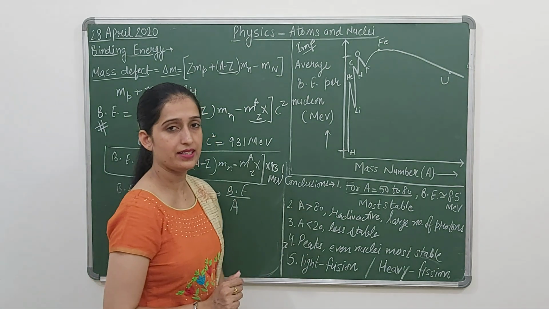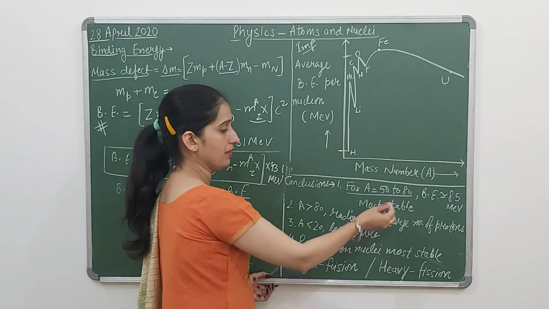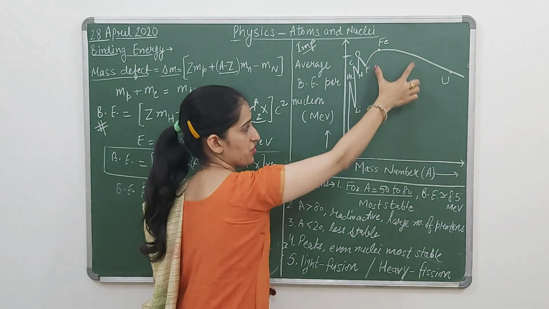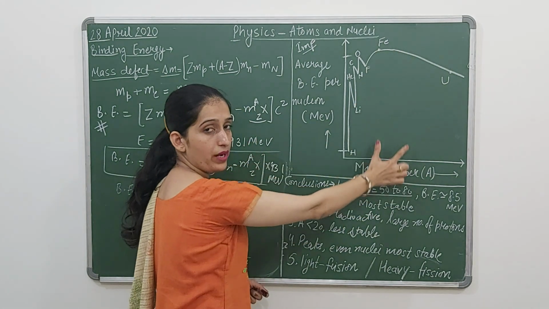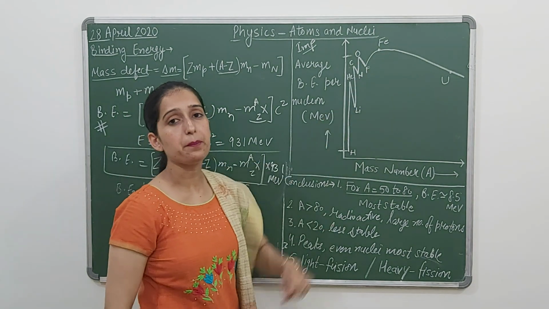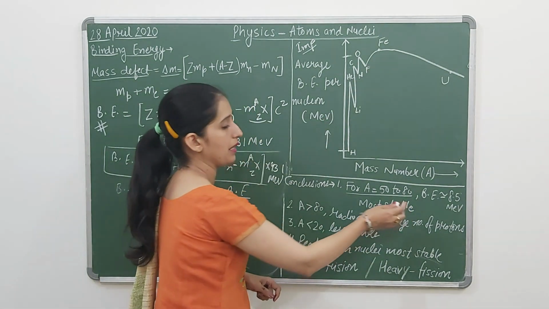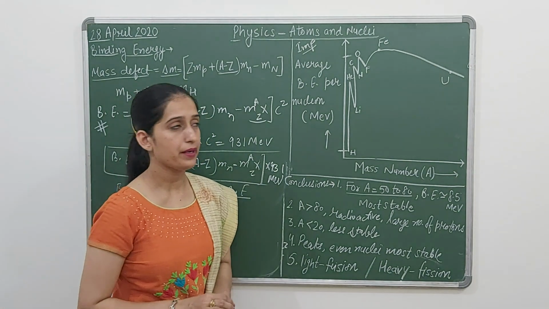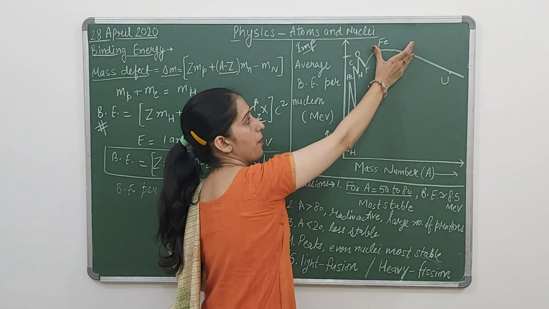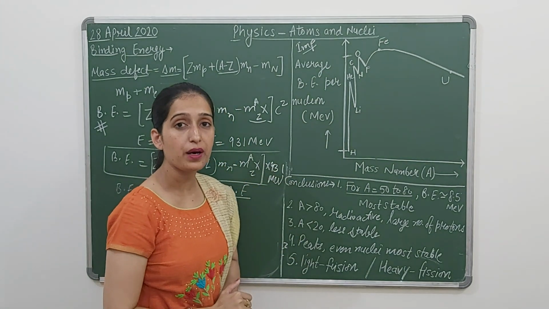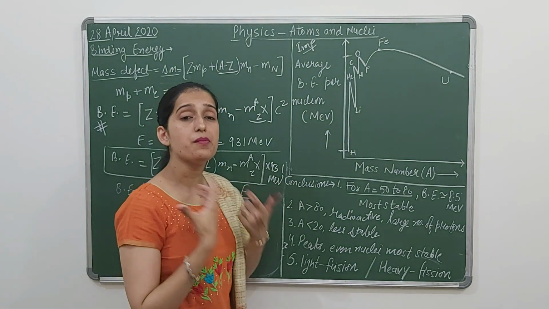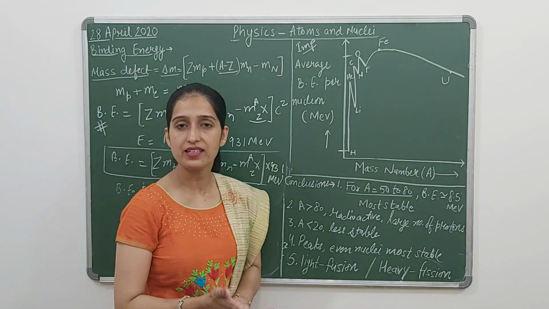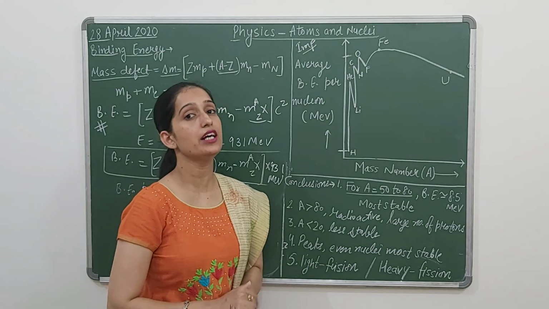The first point is, for mass number lying between 50 to 80, this range 50 to 80 represents the most stable nuclei, the most stable atoms, because this has the highest amount of binding energy per nucleon. It means a large amount of energy is required to separate the nucleons. Binding energy is the energy to separate the nucleons.